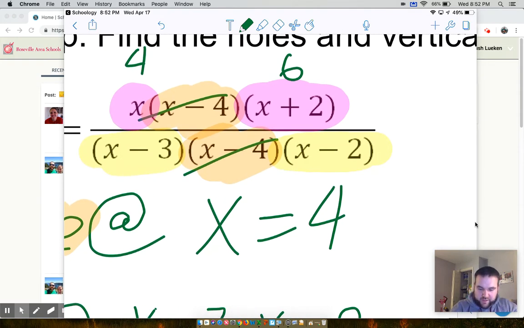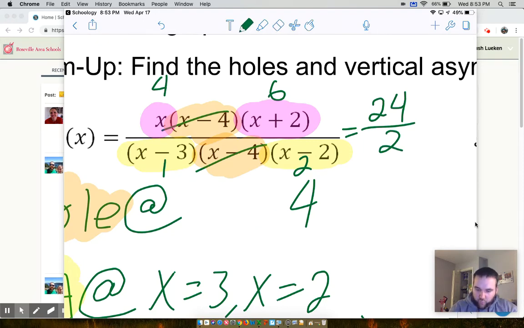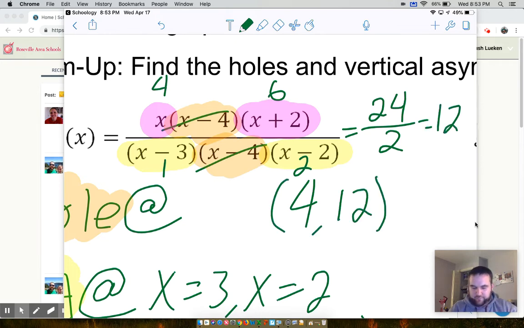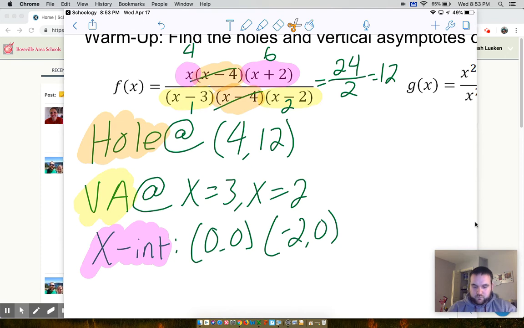And the bottom 4 minus 3 would be 1, and 4 minus 2 would be 2. So if I multiply the tops and bottoms together, I would end up with 24 on top. That's 4 times 6 over 2 on bottom. So the hole is going to be at actually (4, 12). And I get that from plugging in 4 into all the factors. Again, for the sake of graphing, I do need to know what the coordinate of the hole is. So there's that.